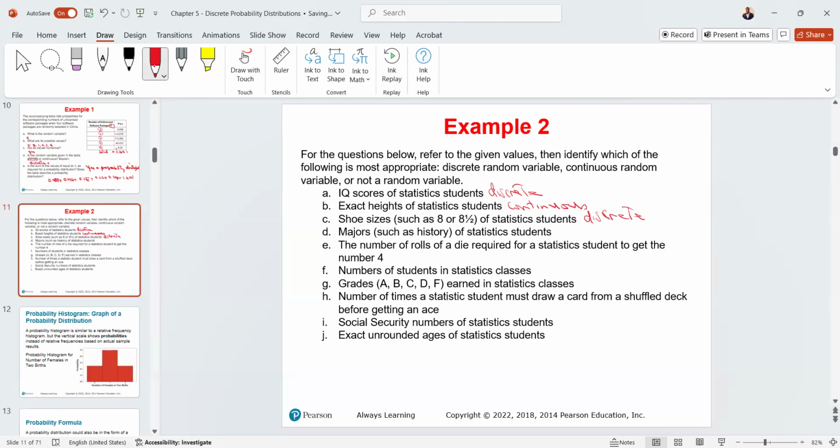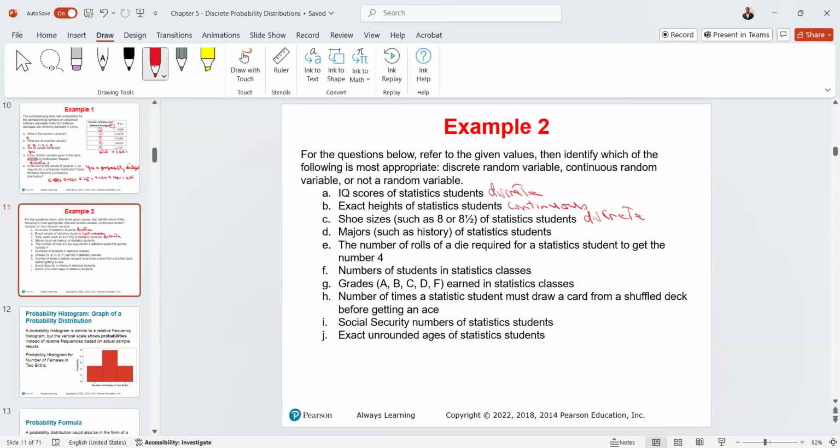Measure of statistics. Remember, what type of measures can we have? Before that, for C, shoe size is discrete, but if you take your foot length, it can have a lot of decimals, right?